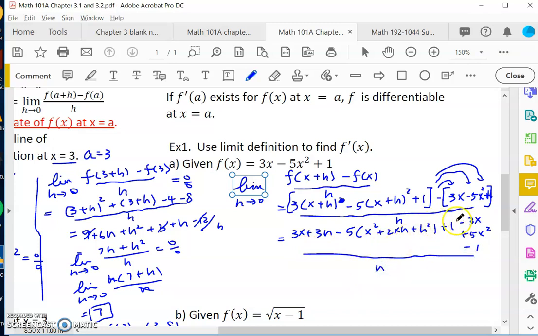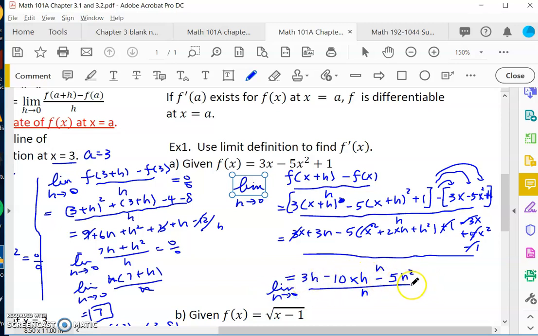You'll see that plus 1 minus 1 cancel. The 5x squared and this 5x squared cancel. I have a 3x and this 3x cancel. There are a lot of like terms to combine. So the leftover would be 3h, minus 5 times 2xh, and then minus 5h squared, over h. Okay, so we are going to take the limit of this as h approaches 0.